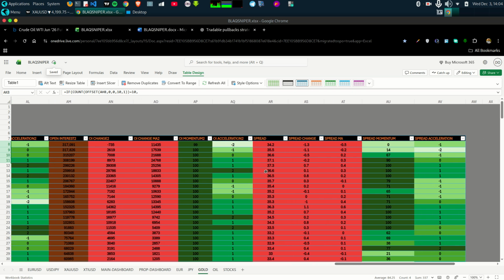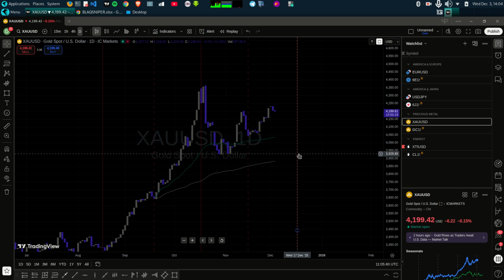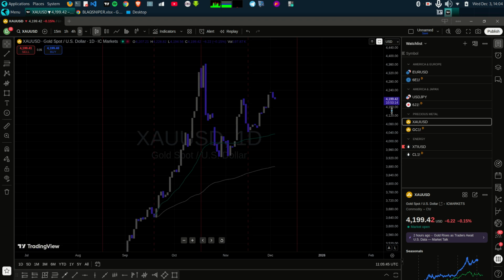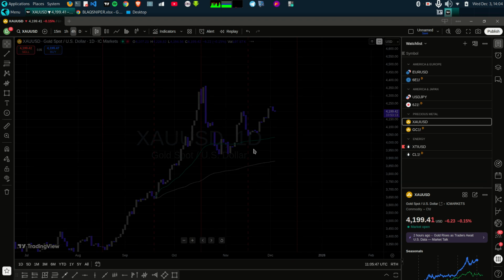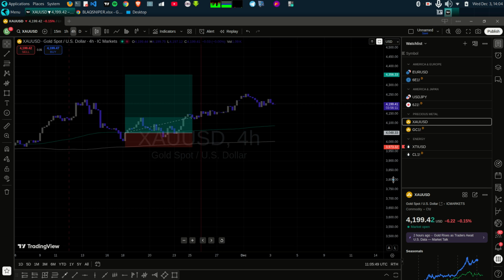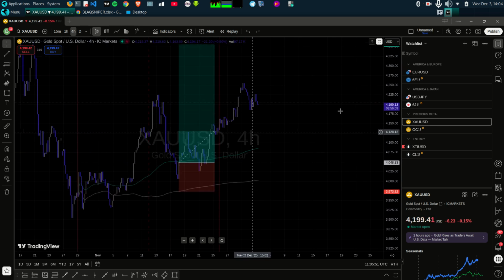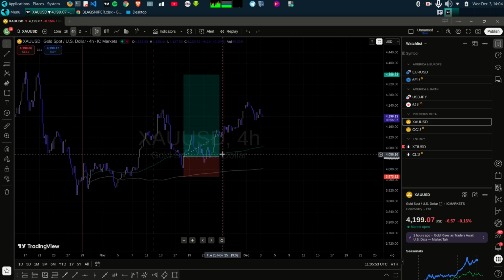So gold is bullish, yet we still don't have a setup. We'll be looking at that. I think maybe next week we'll have something good. We're waiting. We're looking at the 4H. We had this nice expansion.